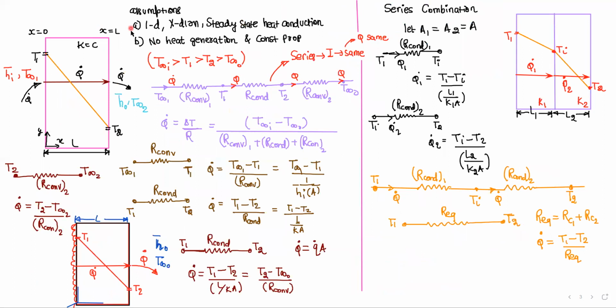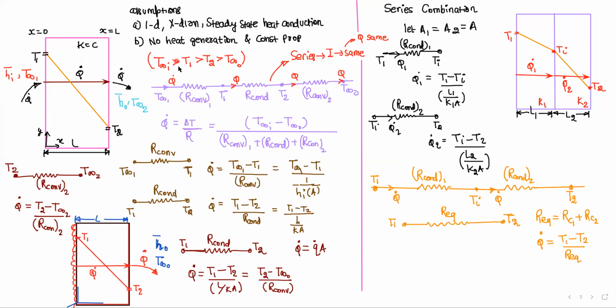So let us see. In this slab we have the surrounding, let's say there is some furnace or something like that. In between them there is a wall of K equal to constant having thickness L. The convection heat transfer coefficient is h bar at T infinity 1, and the temperature is varying in this way.